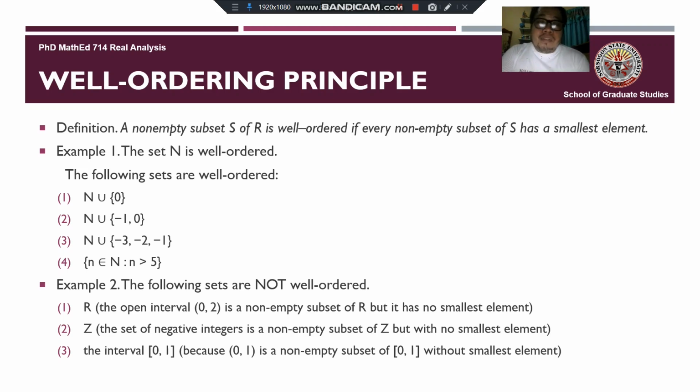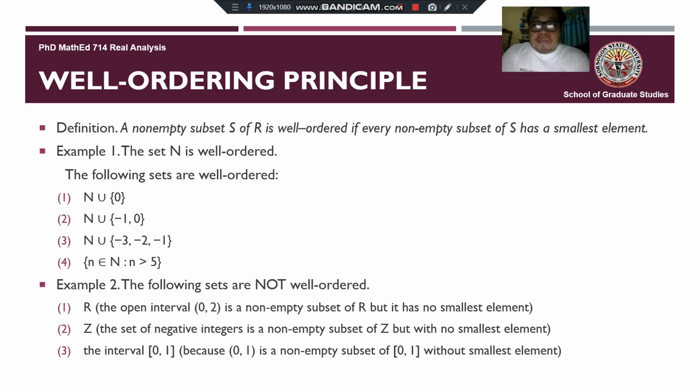So here, we just replace 0 as the smallest element with negative 1. Still, that is well ordered. Then for number 3, we have again the set of natural numbers union with negative 3, negative 2, and negative 1. So here, again, that contains the smallest element, which is negative 3, instead of negative 1, 0, and 1 on the previous examples.